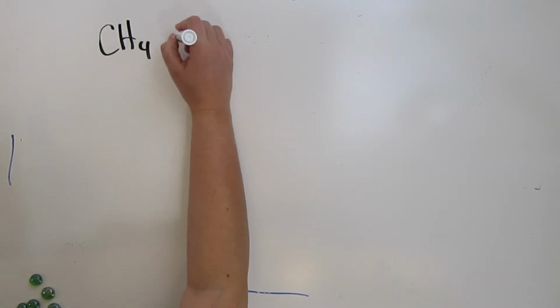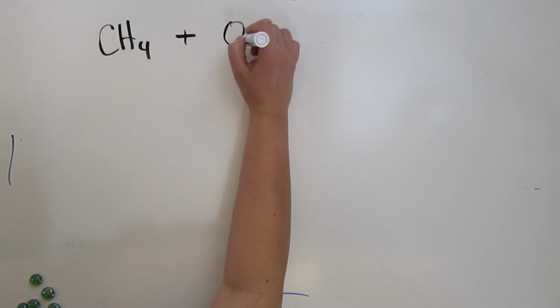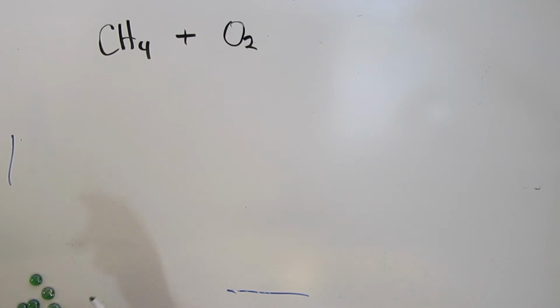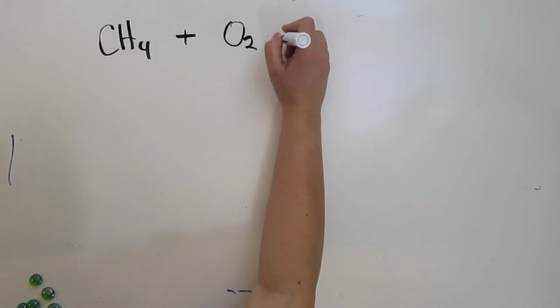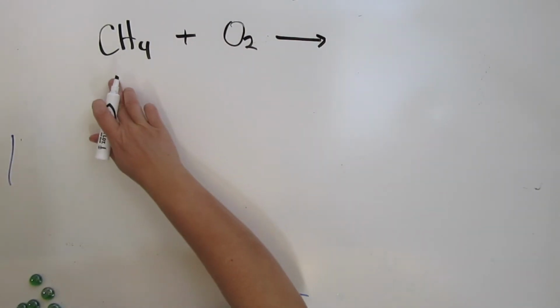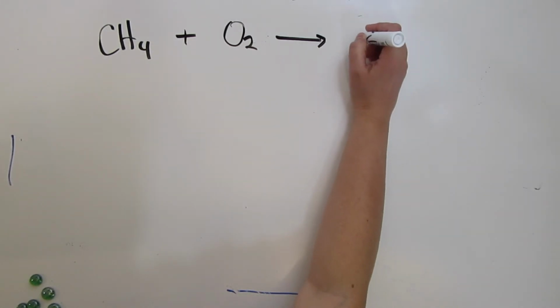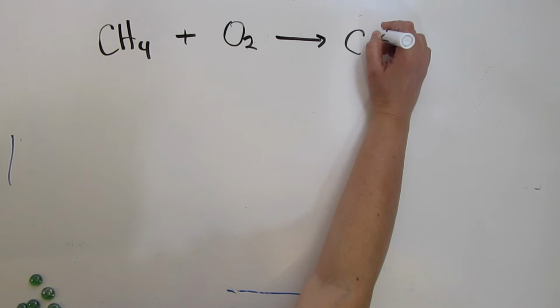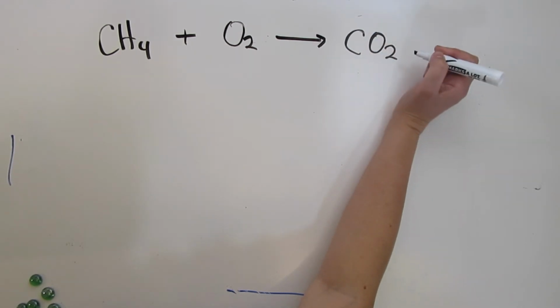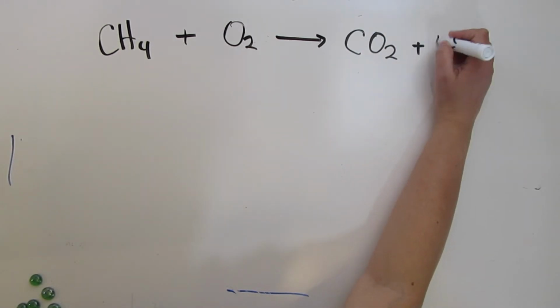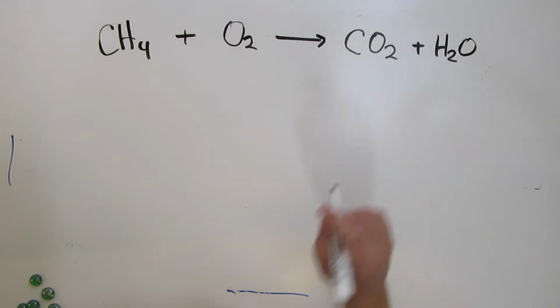When you burn something, you're always combining it with oxygen gas. We call that combustion. And when you burn methane in the presence of oxygen gas, what you get is two different things. You get carbon dioxide and you get water, usually in the form of water vapor.